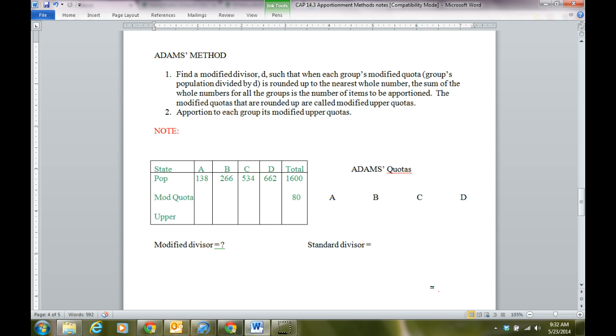So what we're going to do is guess and check for a divisor again, but this time we're going to round it up to the upper quota and add it all up and hope that equals our allotted number.